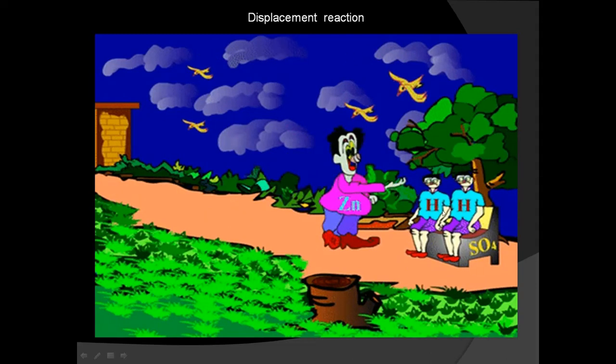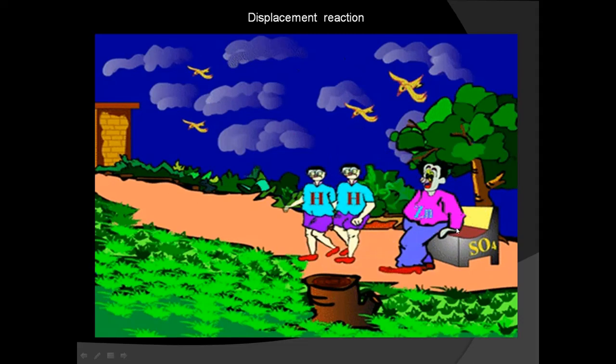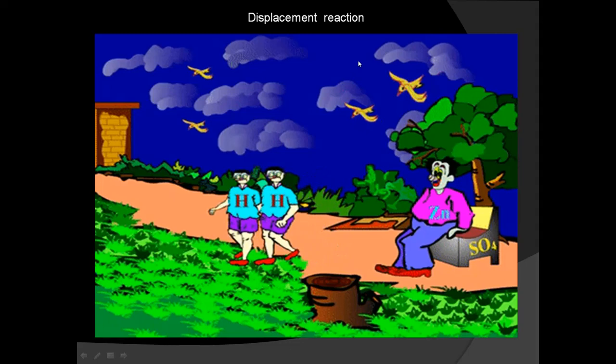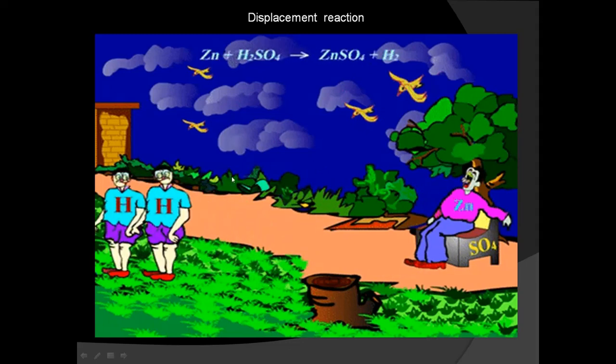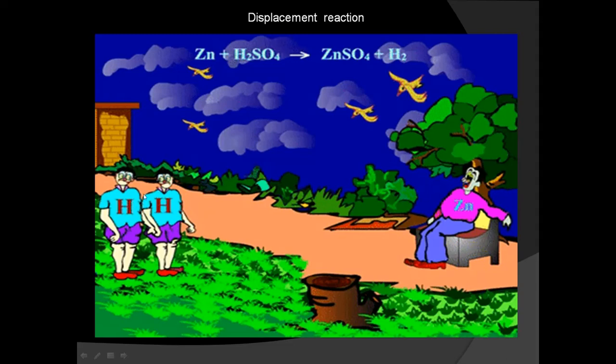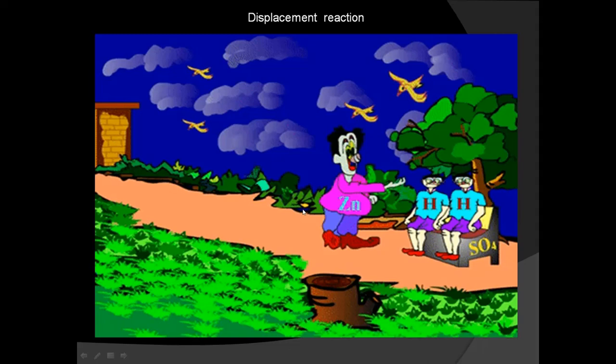It has occupied the place to form zinc sulfate, and the hydrogen gas is liberated. Quite interesting, isn't it? Let us see a few more examples of this displacement reaction.